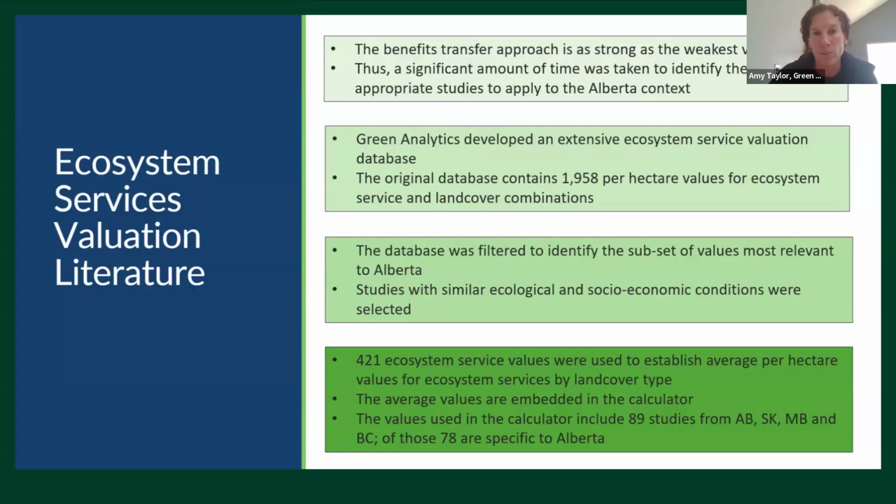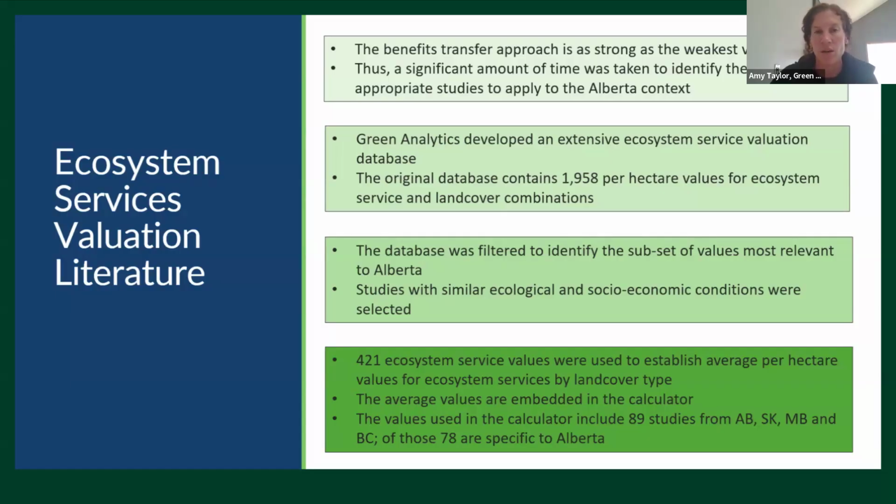We began by developing an extensive ecosystem service valuation database that contained almost 2,000 per hectare values across different ecosystem service and land cover combinations. We then filtered that large database to a subset of values that we deemed most appropriate for the Alberta context and for employing in the calculator.